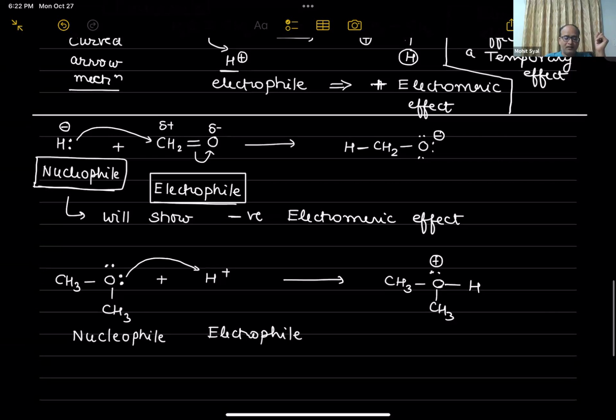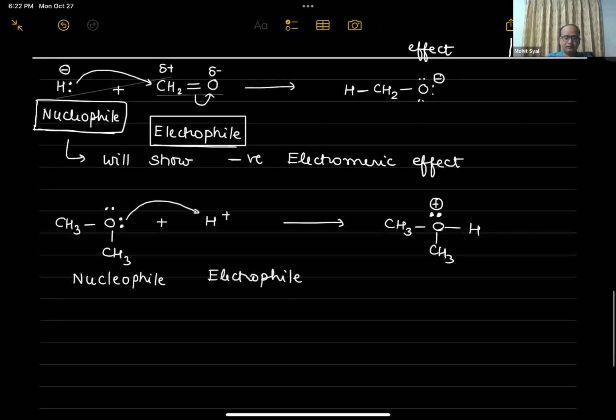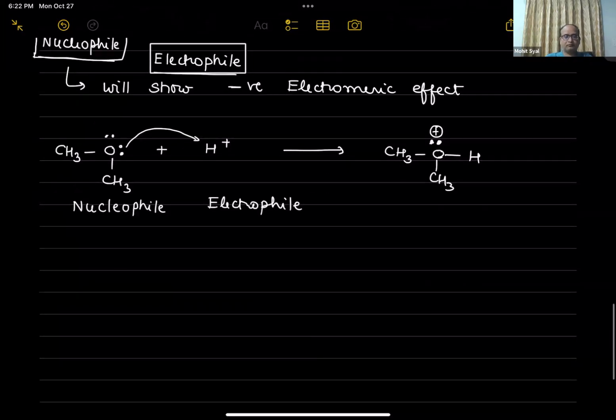Now the oxygen is left with only one lone pair and a positive charge, because the positive charge is taken from H plus. Is this clear? Yes, sir. Okay, good.